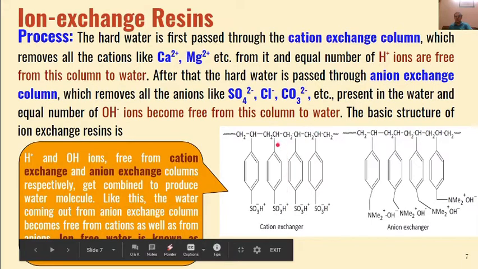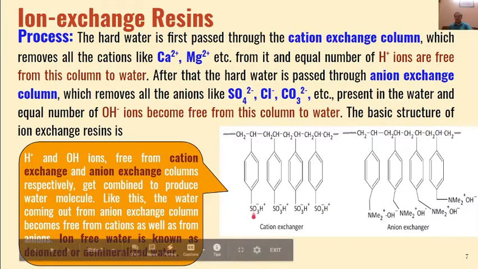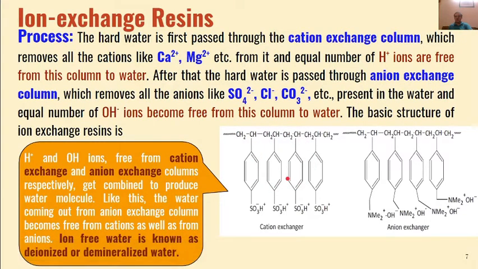So these H positive ions will be freed, and they will enter the water. Whereas these calcium and magnesium ions will get attached to the sulfonate group of the polymer, and they will become attached to the resin. That is how H ions are exchanged with the cations present in the hard water.